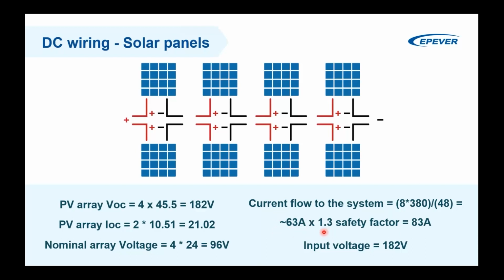So we normally choose a safety factor of something like 30% for our calculations. And although our current is never going to exceed 63 amps, I'm going to choose 83 as the current rating for my cabling and fusing system, considering only the solar panel part.